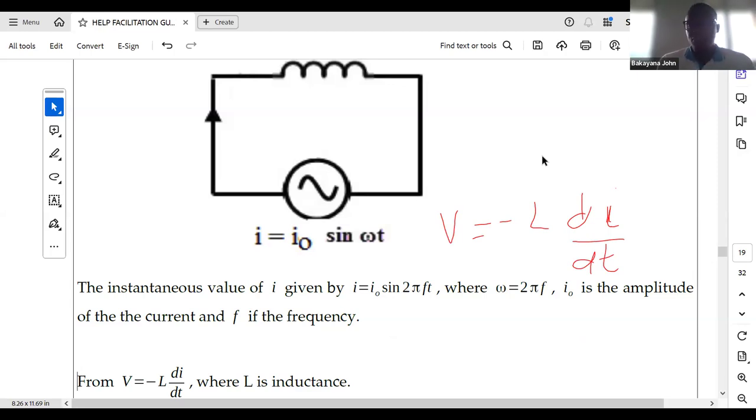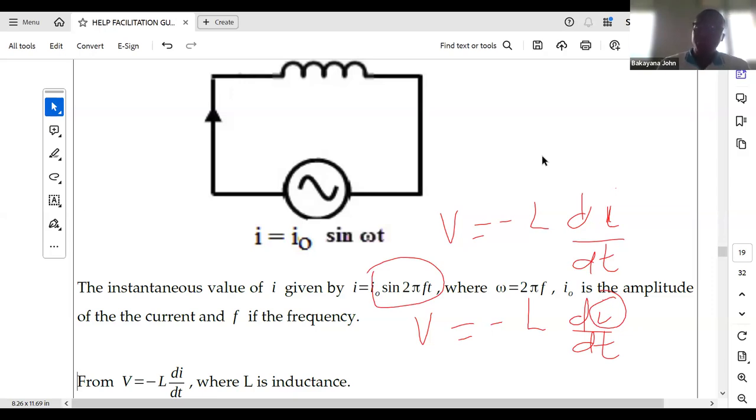We shall not go through the derivation of this formula, but at least we know that in any inductor, the EMF induced or the voltage induced is given as negative L, where L is inductance, times di dt. That is for any inductor. So I know that I have current, which is I naught sine 2 pi ft. So it's a matter of substituting where there is I, my expression I naught sine 2 pi ft.